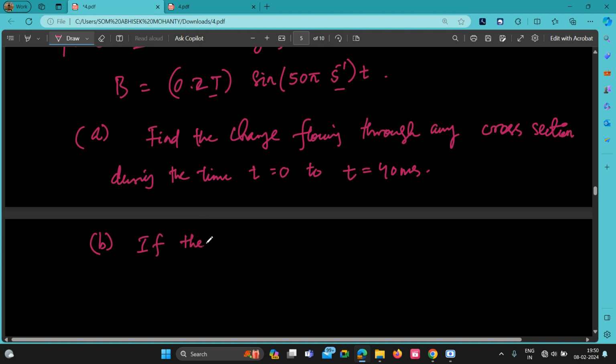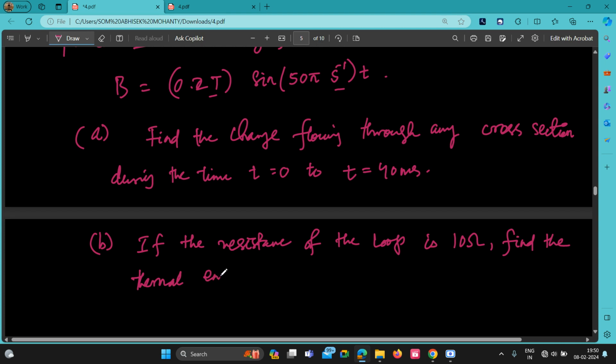If the resistance of the loop is 10 ohm, find the thermal energy developed in the loop in this period.